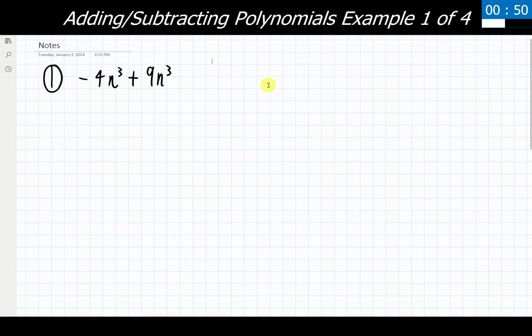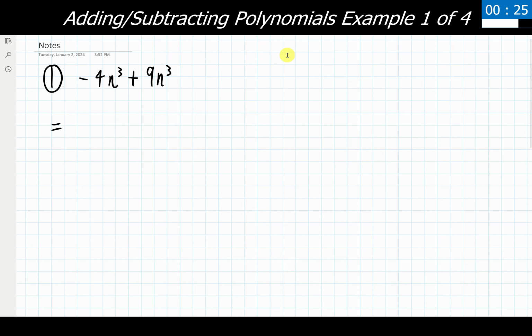When I am doing that, remember that only the coefficients, the numbers in front, the -4 and the +9, are the only things that will be changing from this step to our next one. The n to the third power that we see in both of these terms will stay the exact same.